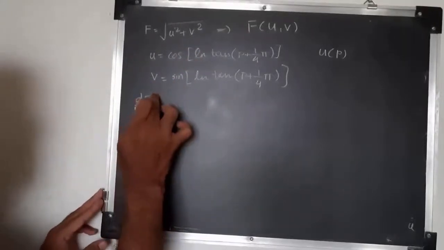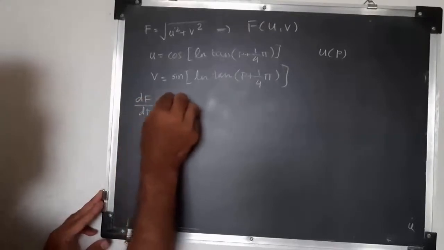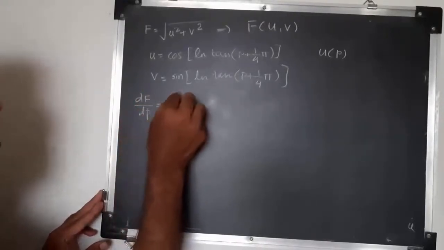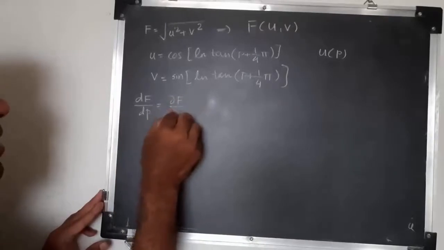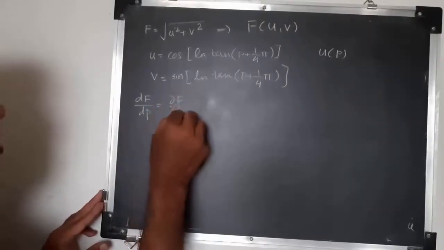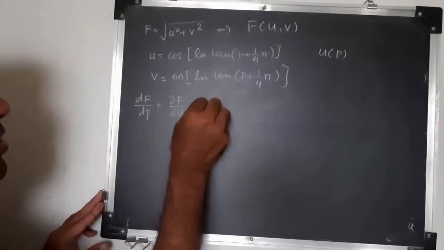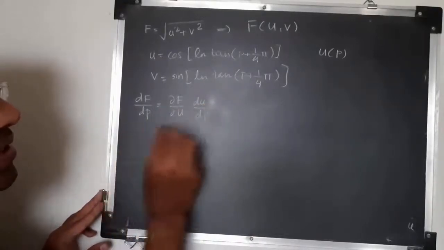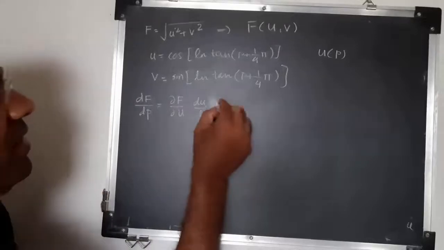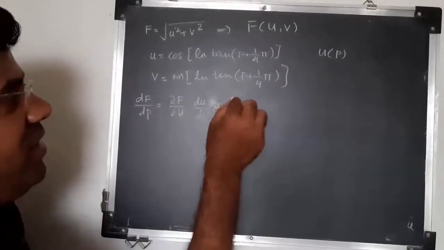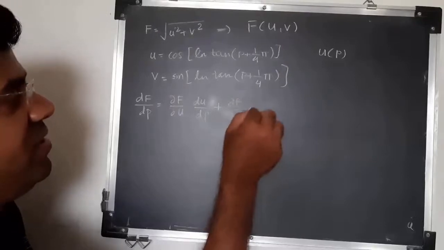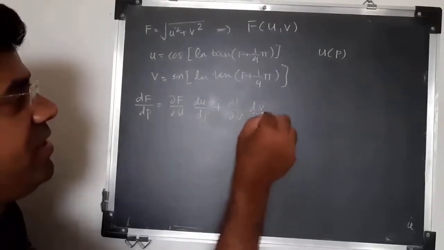So ∂f/∂p, which means df/dp, is equal to ∂f/∂u into du/dp, plus ∂f/∂v dv/dp.